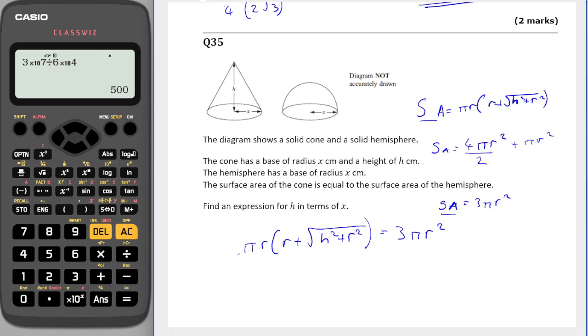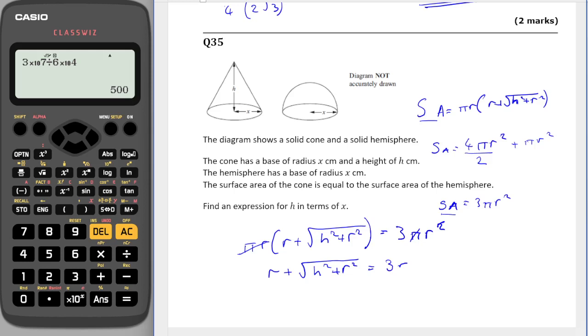So we can cancel out by pi r straight away. Right, so we've got r plus the square root of h squared plus r squared is going to be equal to 3r. Right, find an expression for h in terms of x.